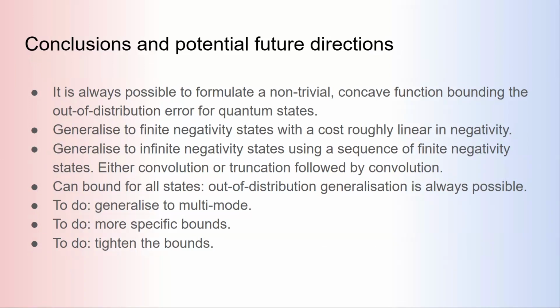Even my truncation plus convolution may not be the best sequence of states. It is a sequence of states that can be brought arbitrarily close to the target state and has finite negativity, but it may not be the best in the sense that the negativity may scale a lot more than it needs to.